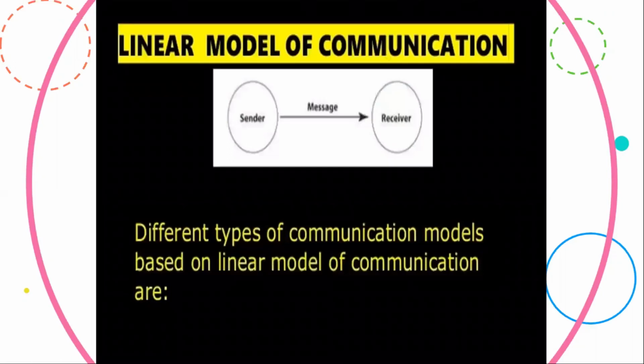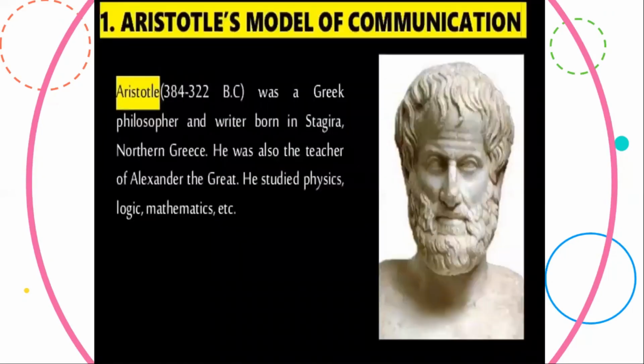There are types of communication models based on the linear model of communication. First, Aristotle's model of communication. Aristotle, 384 to 322 BC, was a Greek philosopher and writer born in Stagira, northern Greece. He was also the teacher of Alexander the Great.